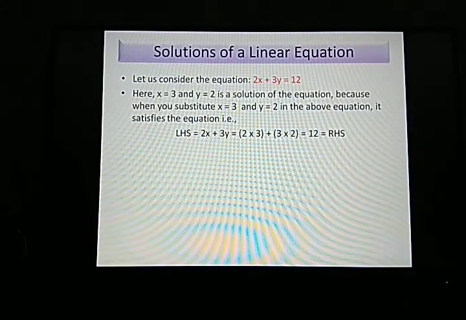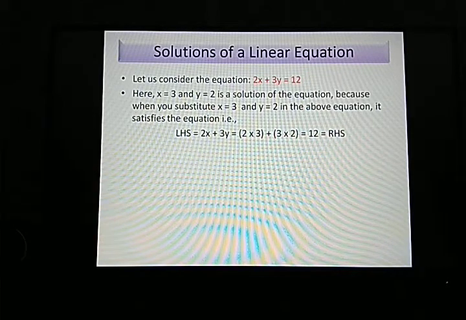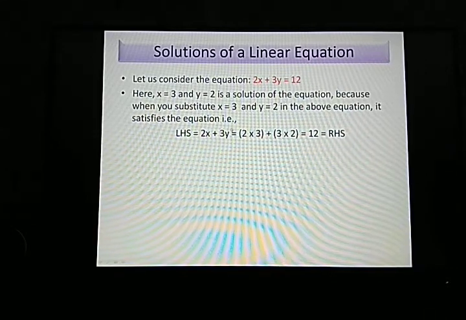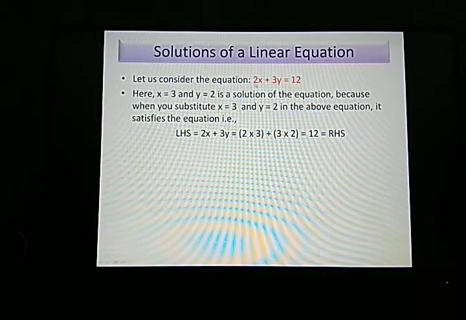Through the process of inspection, we have found that putting x equals 3 and y equals 2 totally satisfies the given equation. How? On the LHS we have 2x plus 3y.